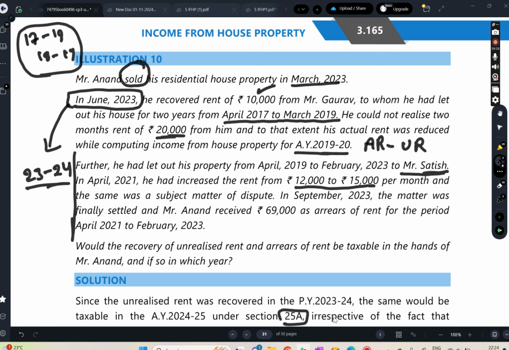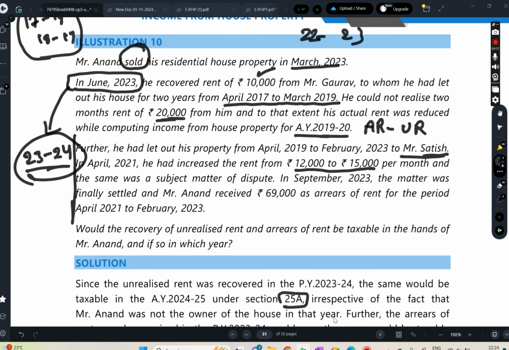So in 22 and 23 itself the house is sold, but we received the money in 23 and 24. So the same things we discussed, 23 and 24 is the previous year we received. That means it will be taxable in the assessment year of 24 and 25.